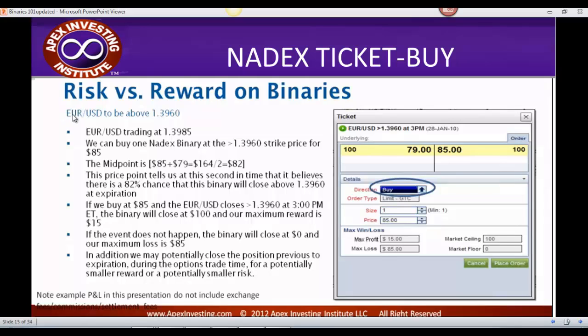This is saying for the euro dollar to be above 1.3960 at 3 p.m. Do I think the euro dollar is going to be above or below 1.3960 by 3 p.m.? Now, I might be getting into this contract at 2:55 p.m. I might be getting into this contract at 11 a.m. in the morning. It just depends.